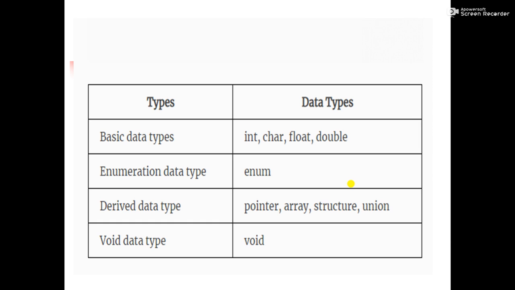If you see the syntax of declaring any variable, the mandatory thing is that first we have to write the data type of that variable, then the name of that variable. So the data type of any variable is an essential and compulsory thing for declaring or using any variable in our C programs.